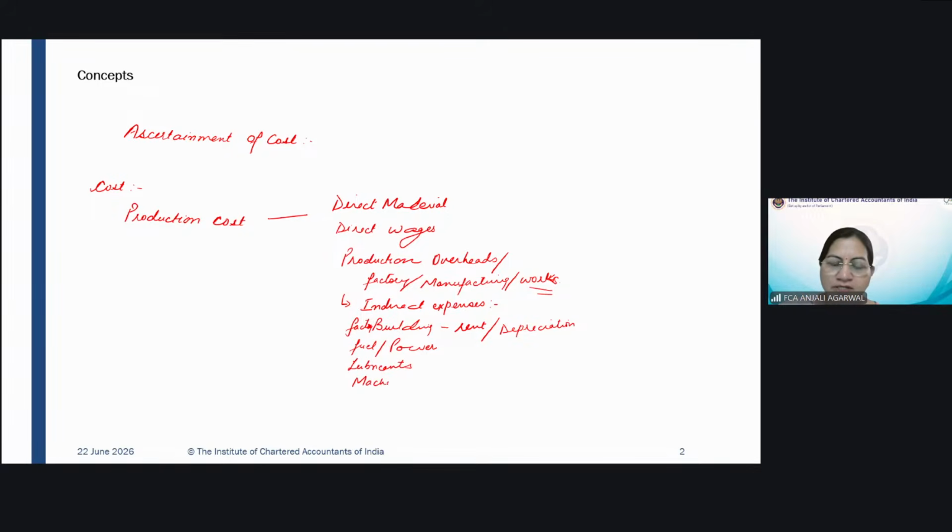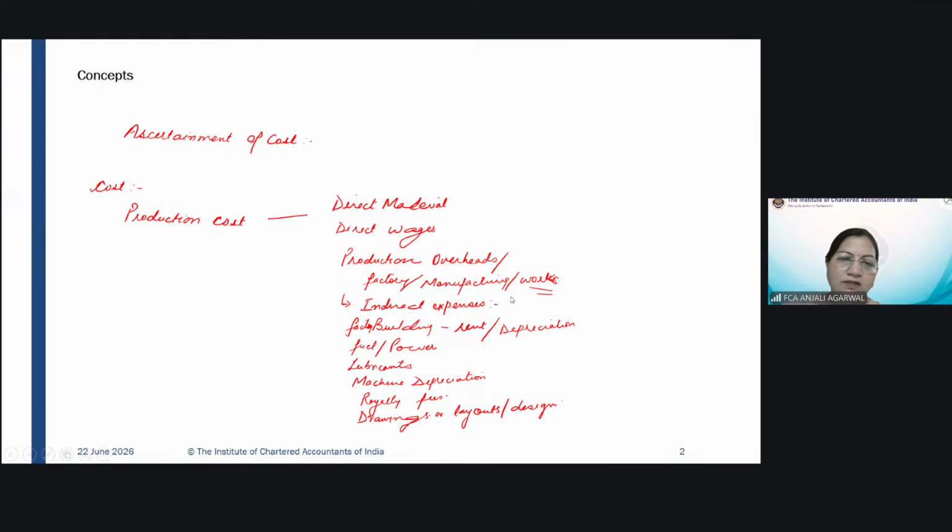Machines get depreciated. You may have to pay some royalty fees. There may be some layouts or drawings which are used in production. So these are some of the expenses which go as production overheads.